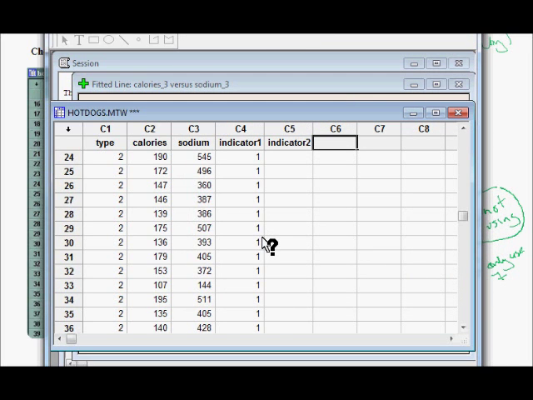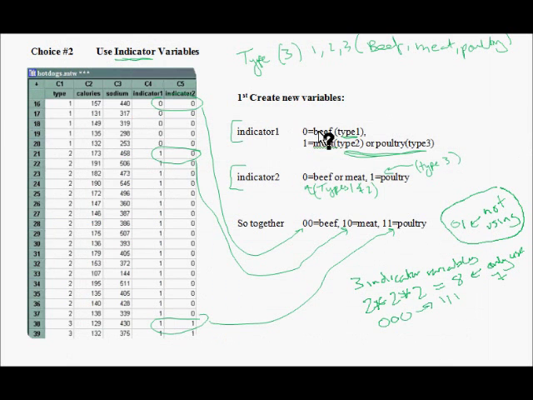So now that's what I have here. 2s and 3s are 1s, and 1s are now 0s. That's what we wanted, right? For indicator 1, beef to be 0, types 2 and 3, meat and poultry, to be 1 here, now for the indicator variable.